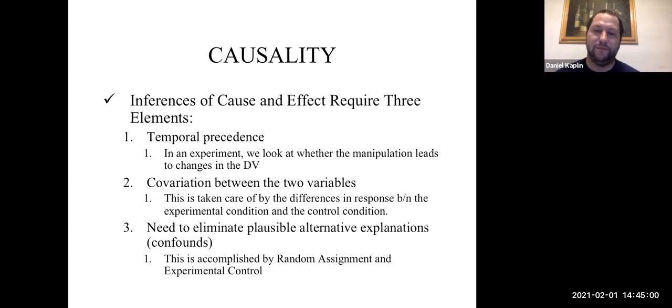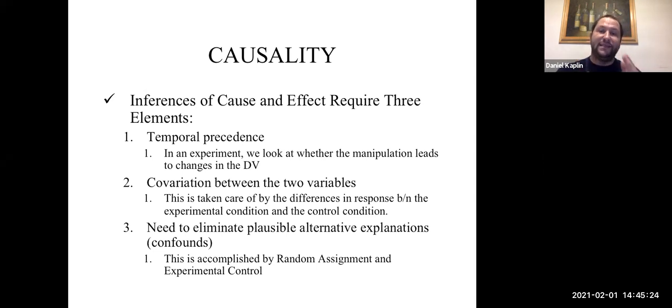Covariation of the cause means that in the presence of the cause, you get the effect. In the absence of the cause, you don't get the effect. Now, typically, I said the independent variable has a minimum of 2 levels. Well, the experimental group is going to be the treatment. The control group is going to serve as a comparison, right?